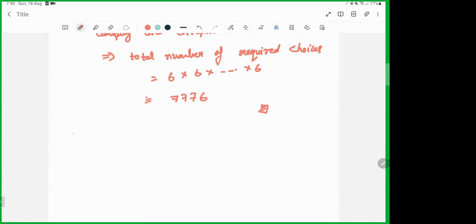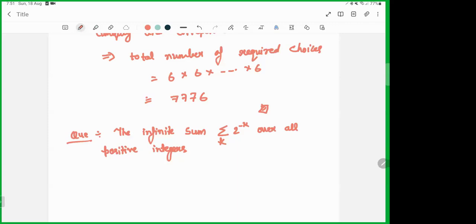So, question: the infinite summation over k of 2 to the power minus k, over all positive integers k that are not divisible by 2 and 3.